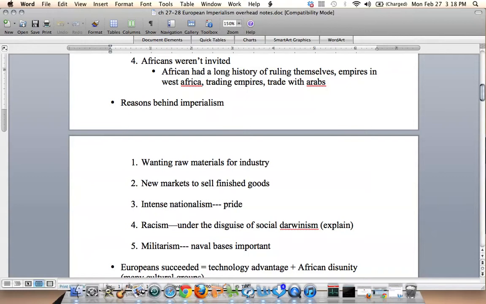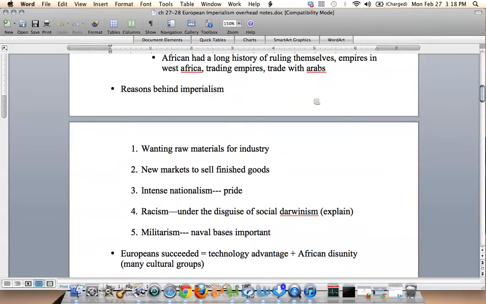Why did the Europeans succeed? Well, they succeeded primarily because they had a technological advantage with some of their weaponry, and that coupled with disunity of African peoples. Now, Africa is made up of many cultural groups. Some were enemies of each other, some were friends.